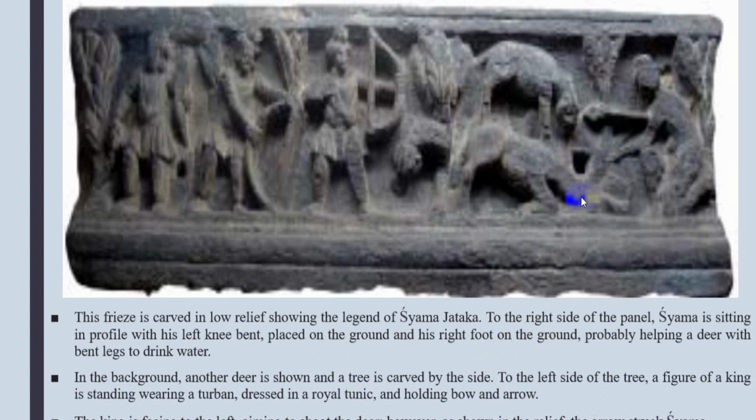This is the scene depicted to the right side of the panel. In the background, another deer is shown, and a tree is carved by the side of the deer.